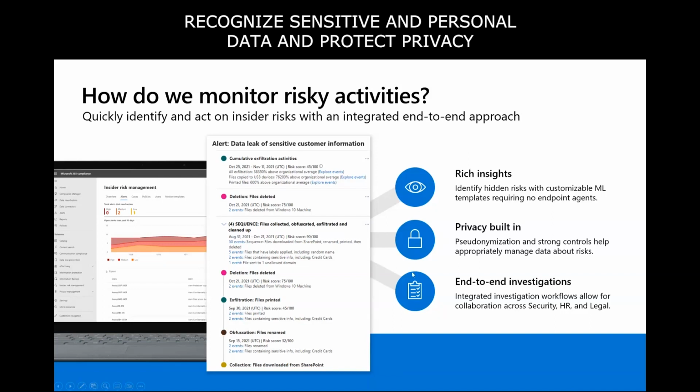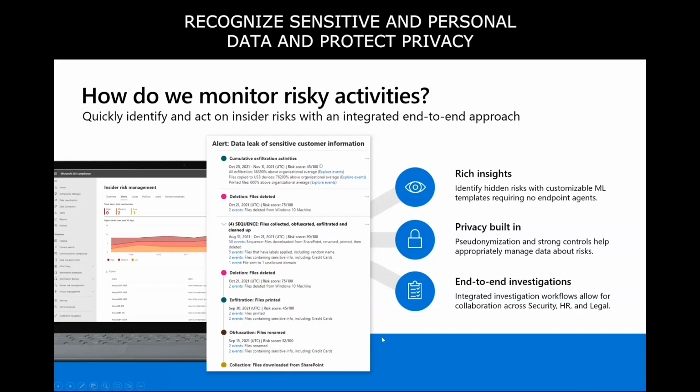Those types of activities can be monitored using a tool called insider risk management. That tool can be really helpful to identify and monitor risky behavior.